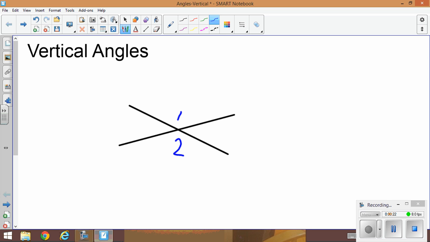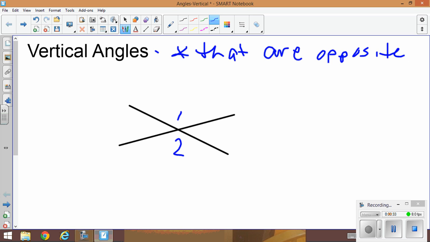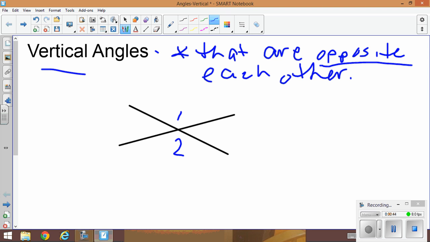Vertical angles are angles that are opposite each other. The name vertical is kind of a little misleading because students think vertical up and down, but the key word is actually opposite.